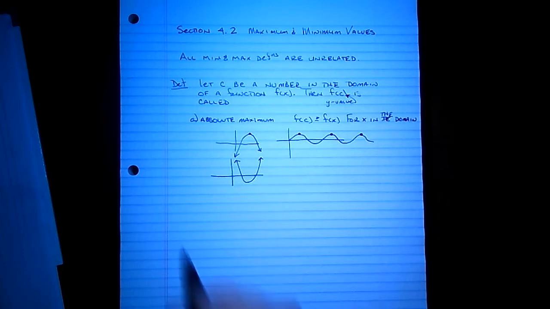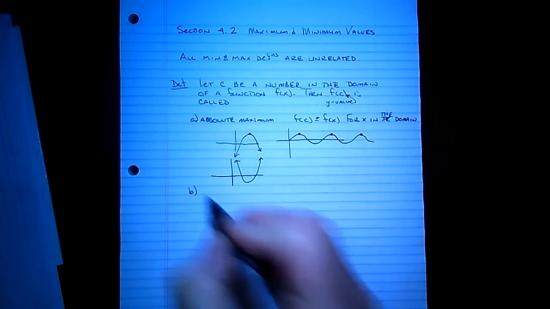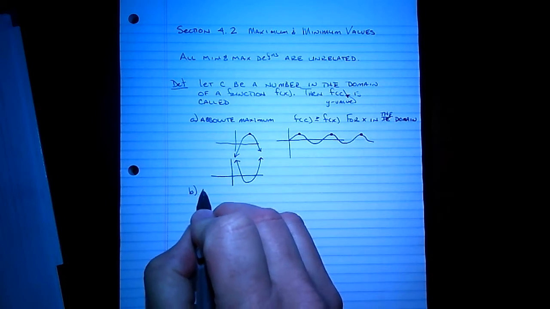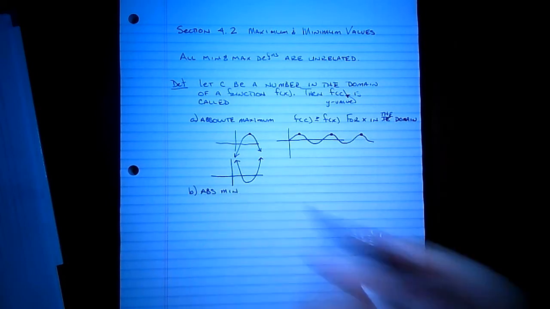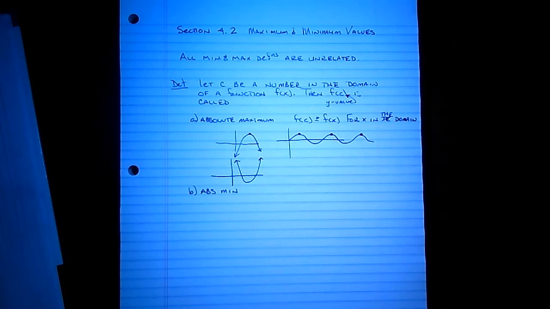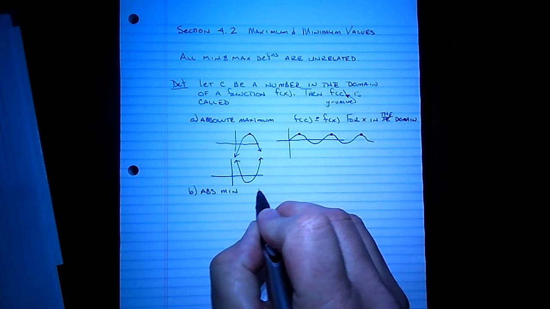All right? Just to complete our definition here, the definition for an absolute min, which I'll start by abbreviating. I wrote absolute max out, but from now on, we'll just save time and abbreviate. The absolute min says what you expect it to say.